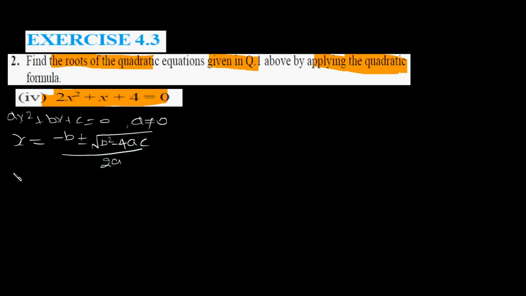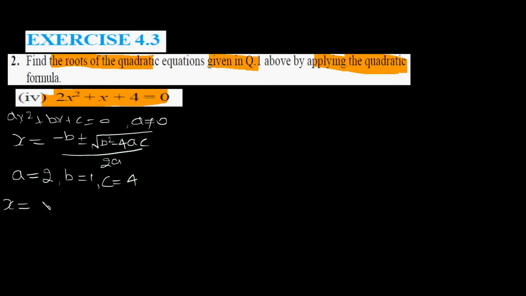From here we can very easily find out the value of a, b and c. If we compare, the value of a is 2, because the coefficient of x square here is a and here is 2. So the value of a is 2, the value of b is 1 and the value of c is 4. Now let us quickly put these values into the quadratic formula.